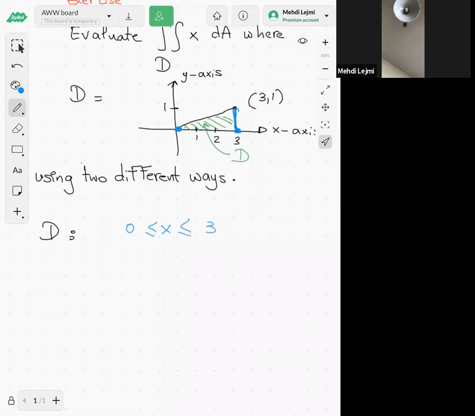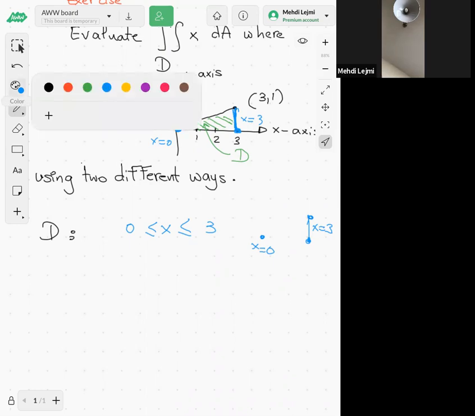So we have a point here at 0, so x equal to 0 here, and this is x equal to 3. And now if you want to connect the point x equal to 0, the origin, to the segment x equal to 3, then here you're going to have this first function.